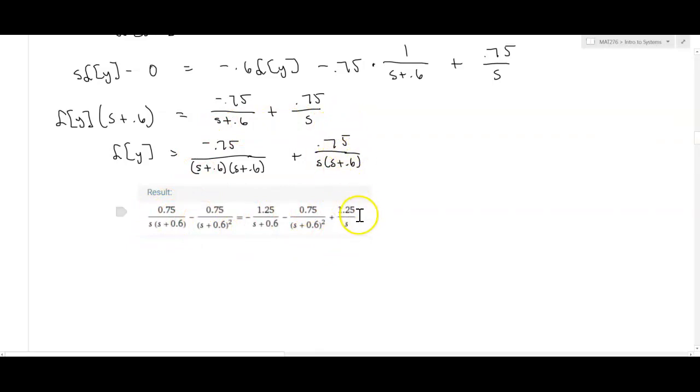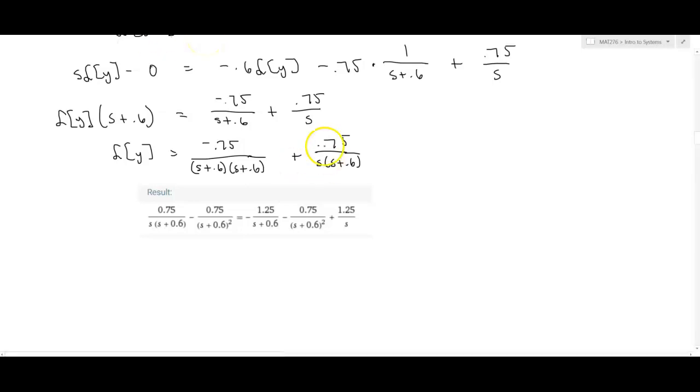So you can see this one got split up into the first and third term here, but this negative 0.75 over s plus 0.6 times s plus 0.6 did not get split up. So we're going to have to find a different Laplace transform for that, and the Laplace transform that we will take a peek at is, first of all, let's go ahead before we move to that middle term.